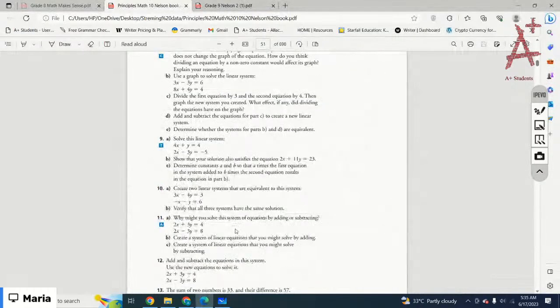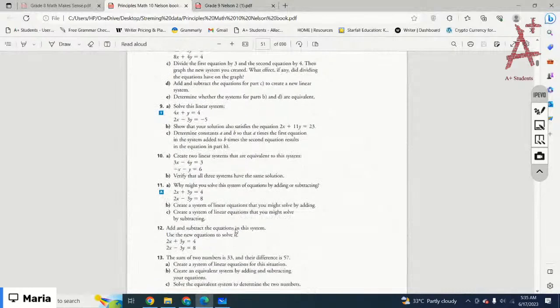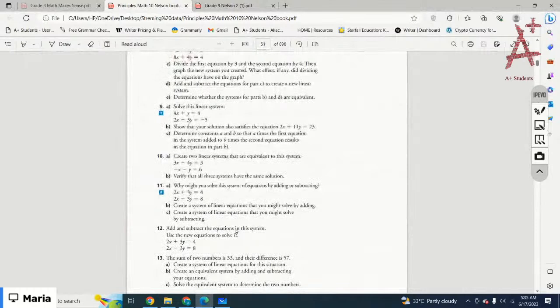Let's just look at question number 9. Show that the solution also satisfies the equation, and determine constants a and b.